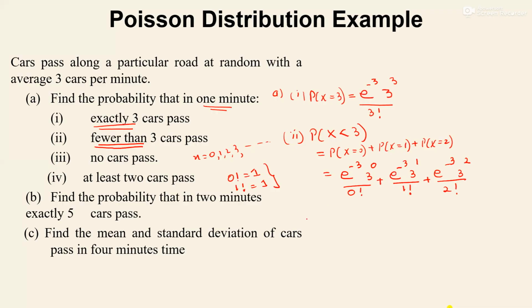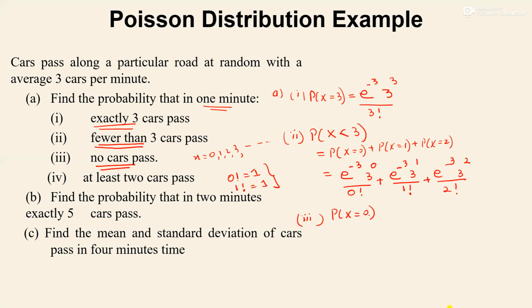Part 3. No cars pass in 1 minute time. So that is probability of x equals 0, because x denotes the number of cars passing along a road in 1 minute time.